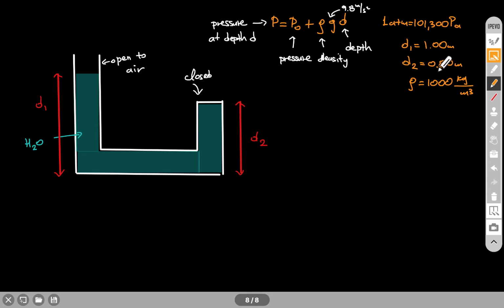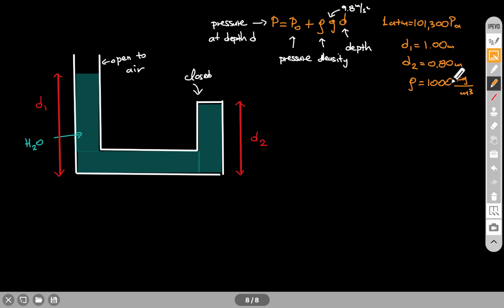Now, you will always be able to use these constants. You will always be able to say that the pressure in the atmosphere, at least on the surface of the planet, is 101,300 pascals. And you will always be able to say that the density of water is 1,000 kilograms per meter cubed.